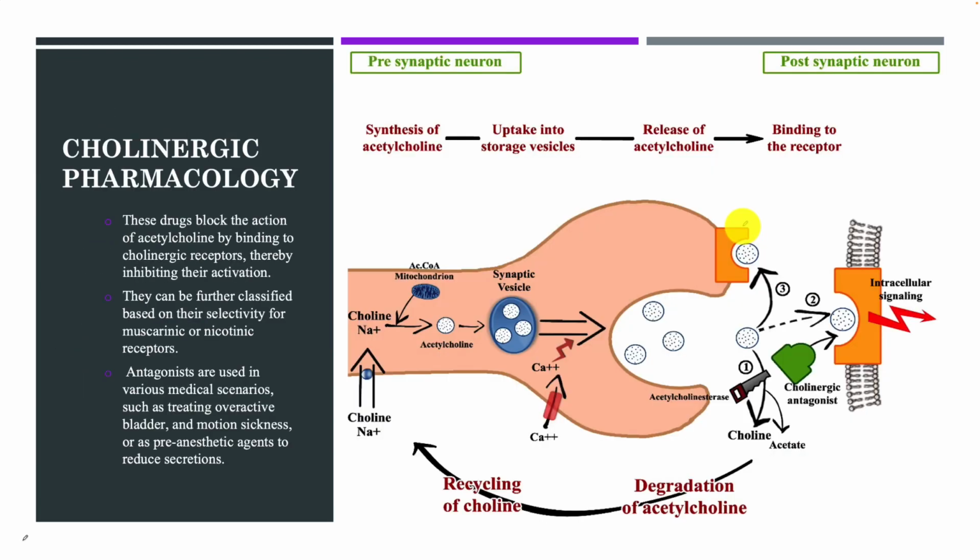Okay, so when we are talking about these types of drugs, here's that thing that we were talking about again, right? That same picture I showed you over and over again. These drugs block the action of acetylcholine, and they do so by binding to cholinergic receptors. Therefore, they inhibit the activation of certain things.